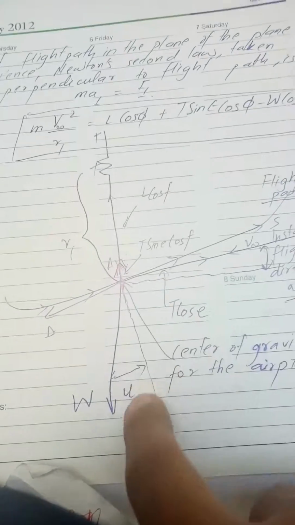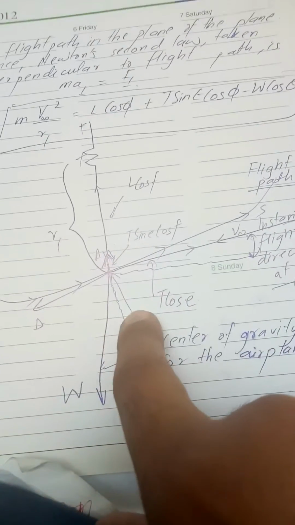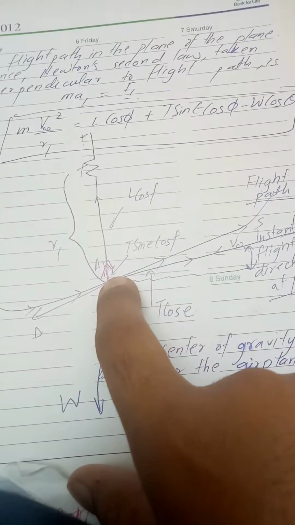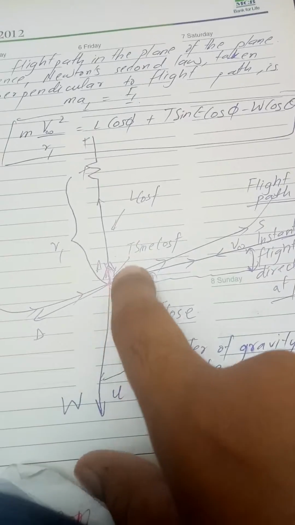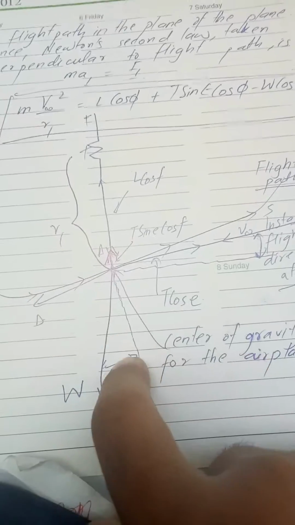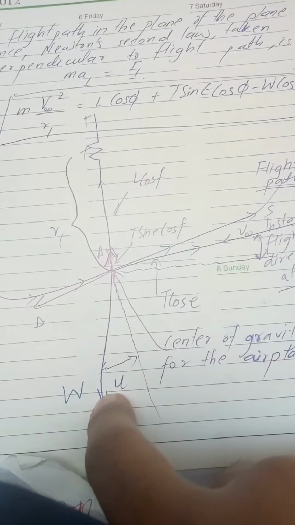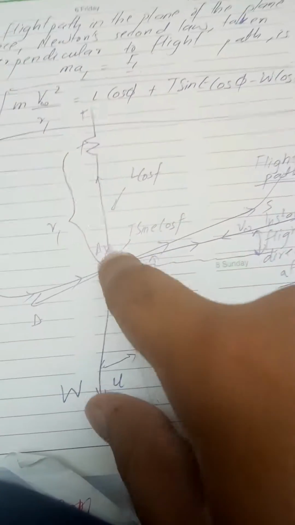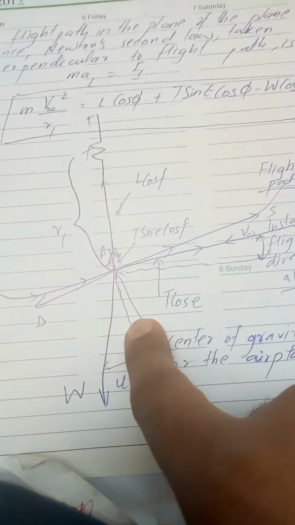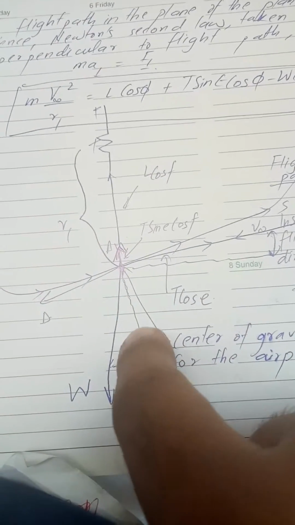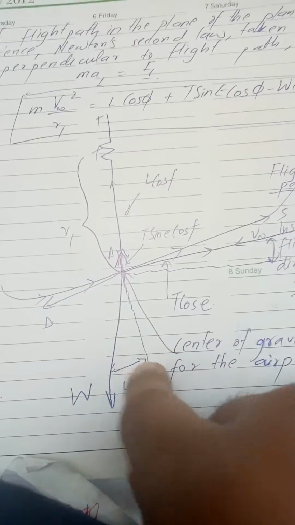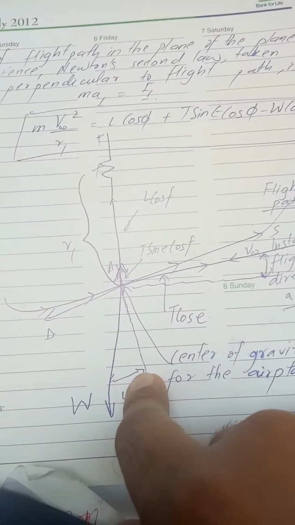Then we add this one, T sine of E cos of theta, and subtract the downward direction of the weight, which is minus W cos of theta. So you add these two and subtract this one, and you get the component of force perpendicular to the flight path. This is how it has been explained.